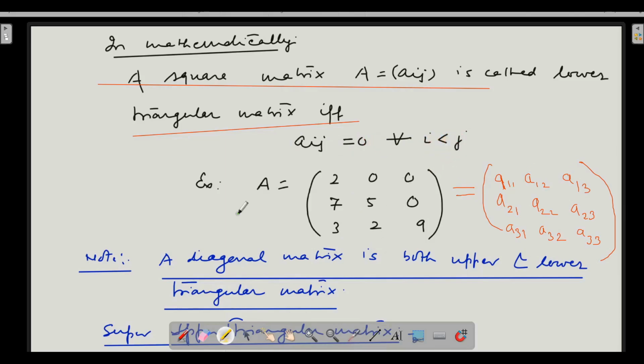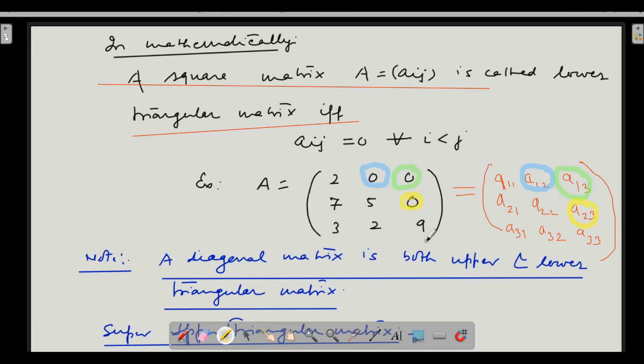So corresponding to these three elements which I am marking, this element is corresponding to A12. Then this particular element is corresponding to A13. And this particular element is corresponding to A23.